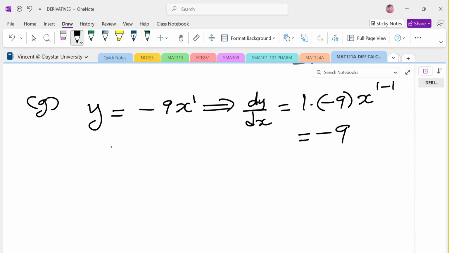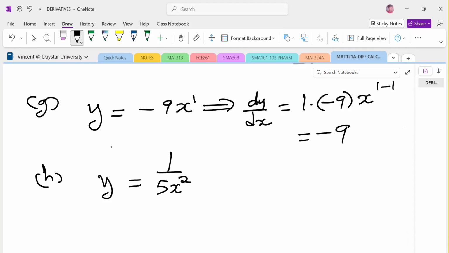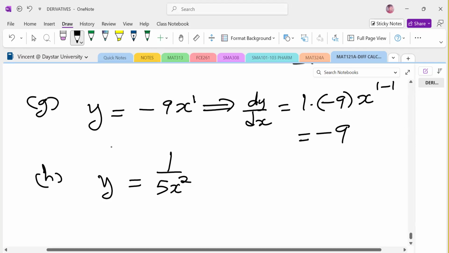Then the second last example is y equals 1 over 5x squared. So how can we write 1 over 5x squared in a form which we can apply the power rule directly?